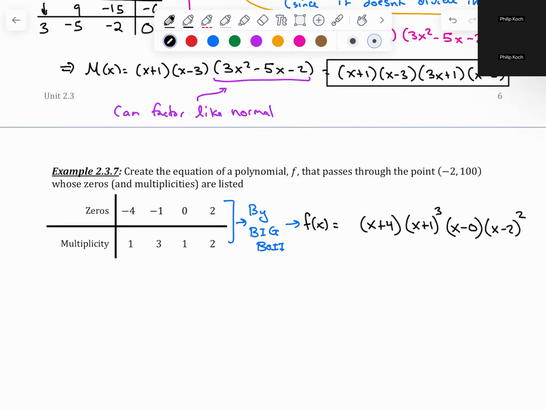Now, I can put an a right here, where a is some constant. I'm going to point an arrow to that, unless there are any questions on how I've constructed the polynomial thus far.